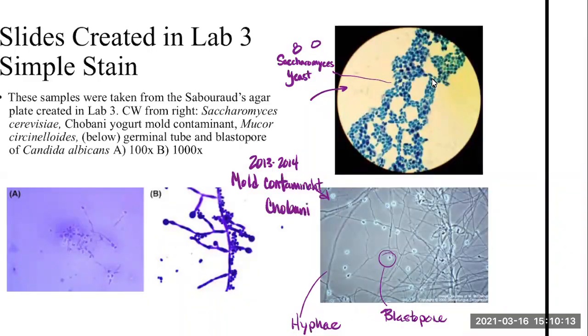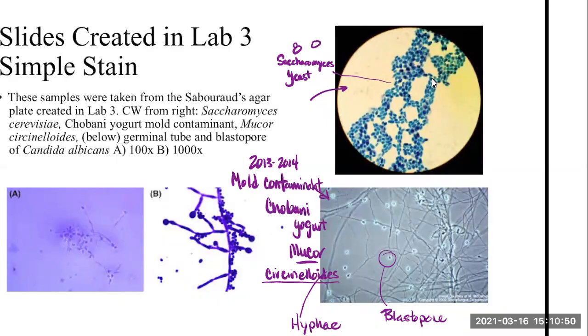Has anybody ever heard of Chobani yogurt? Chobani yogurt was contaminated with this particular type of mold, called Mucor, and the species is Mucor circinelloides.